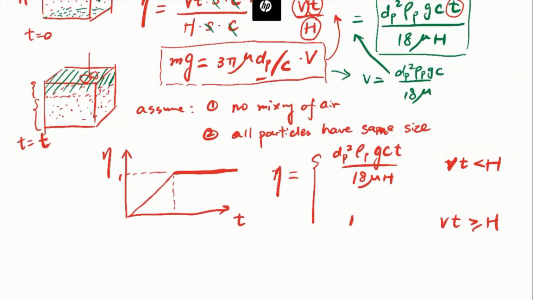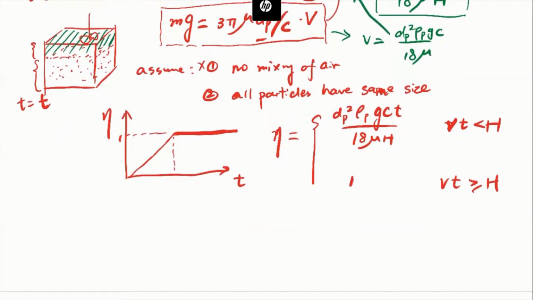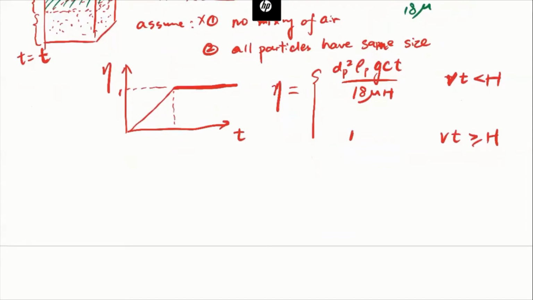So here we're assuming that there's no mixing of air and all the particles have the same size. So what about we remove this first assumption? Now we have a system, let's say with a fan at the top, and it's again filled with particles.